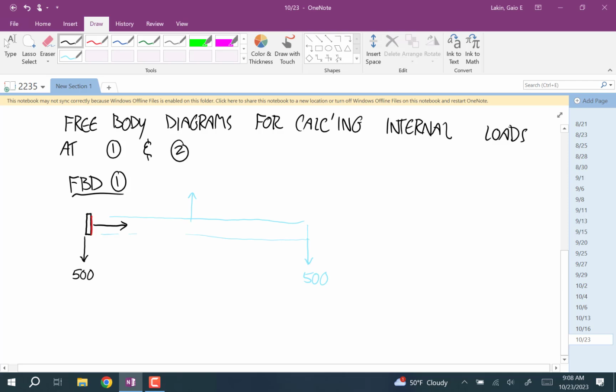An internal tension like that, a shear force like that, and a bending moment like that. If we worked from the other side, all three of those loads would be backwards. That's how the sign convention works. And then you'd get the exact same values for it no matter how you calculate it. Okay, so that's the benefit of this.